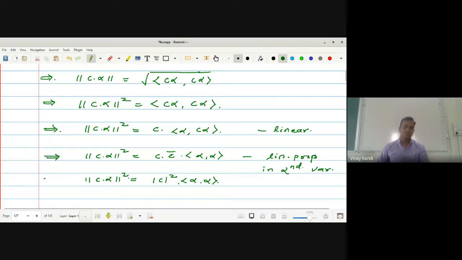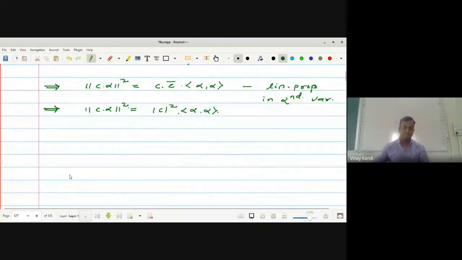Right, the left hand side is norm squared of c alpha. So norm squared of c alpha is equal to mod of c squared, using the property z into z bar is equal to mod z squared, into what is this one?